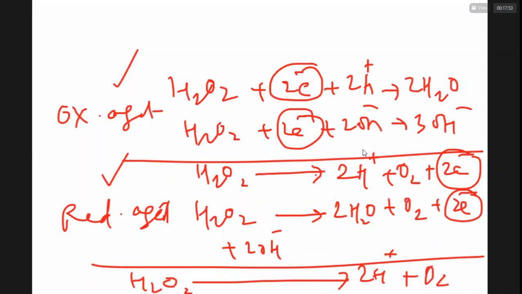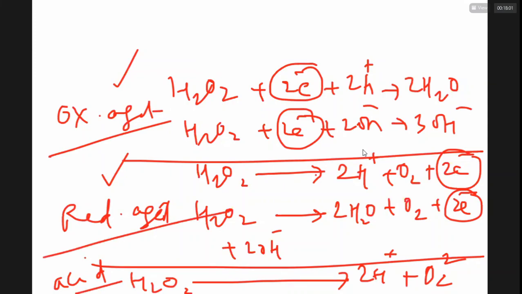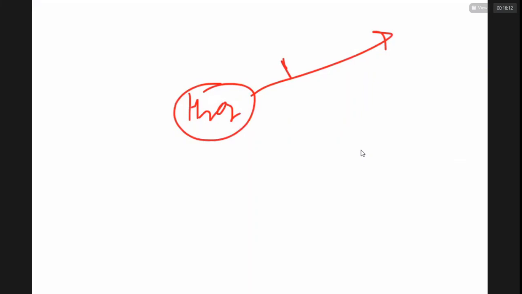Therefore, H2O2 is a weak acid. It is an oxidizing agent. It is a reducing agent. It is an acid. All the three. Now let us examine with whom it is an oxidizing agent. Some reagents, for example, when H2O2 reacts with PbS, no need of acid or base. Happily, it is an oxidizing agent.